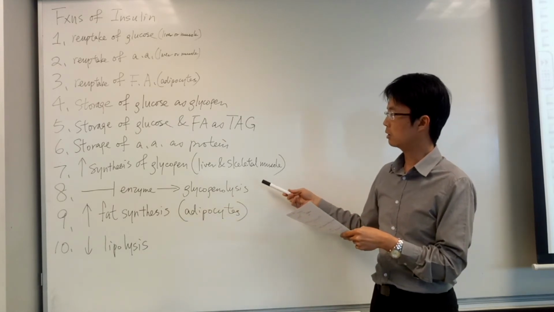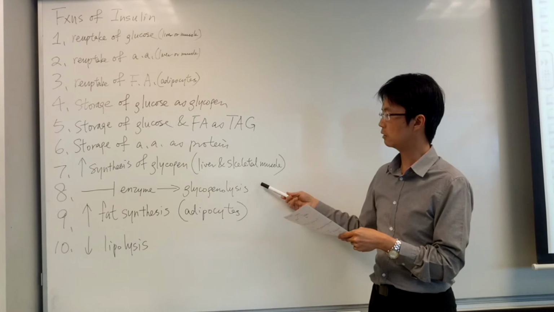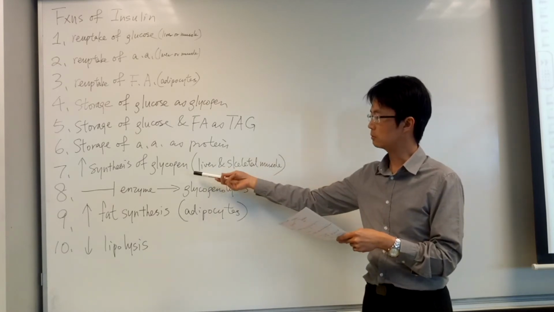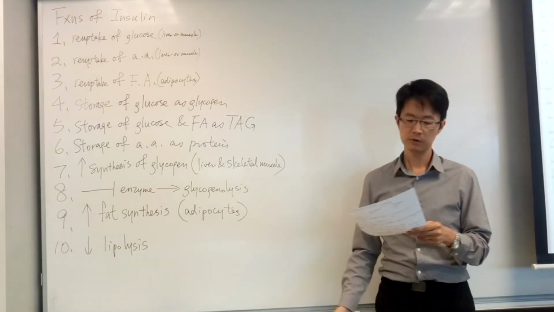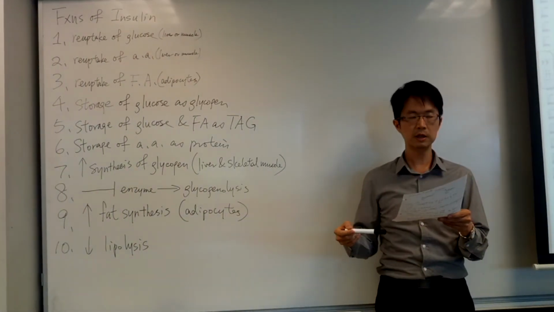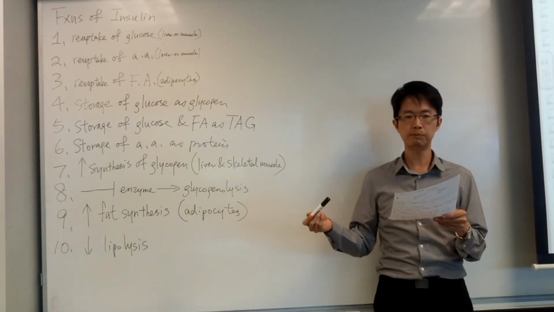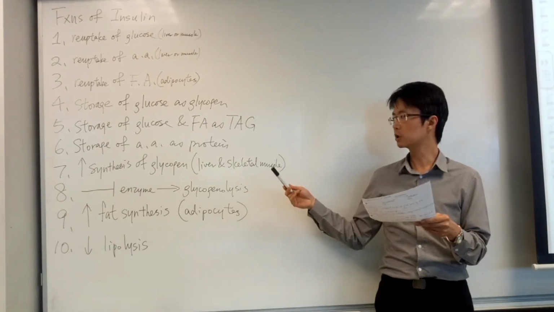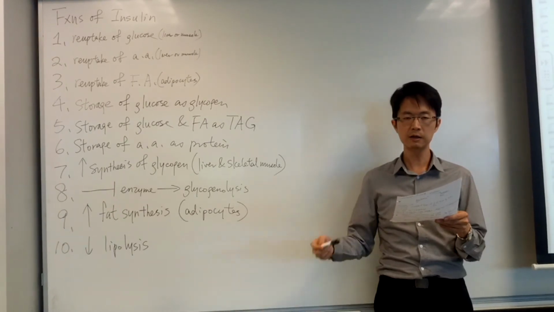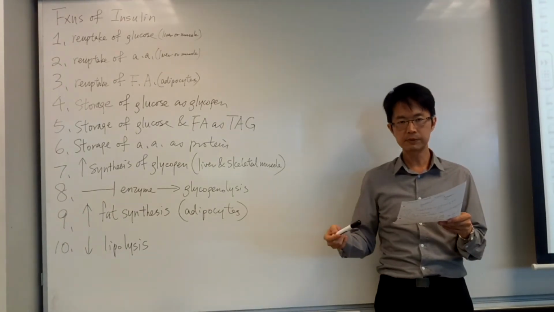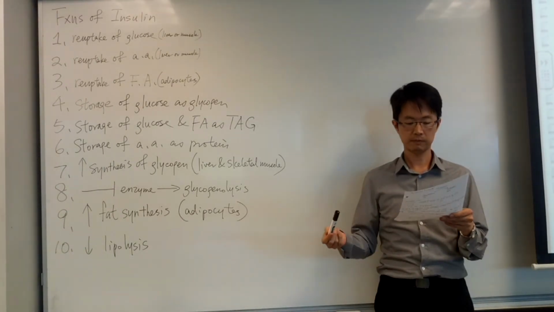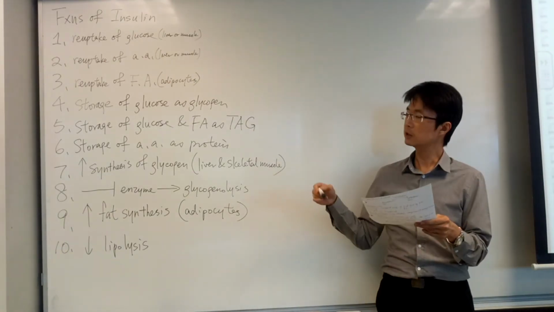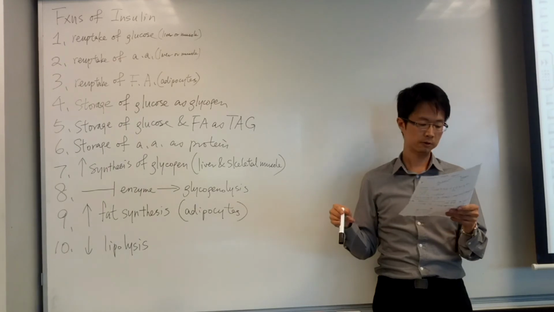That means you will also prevent the breaking down of the glycogen. Will prevent the breaking down of lipid. So in this case, insulin is actually building up macromolecule, building up the biological molecule instead of breaking them down. So if it is building up, then it is anabolic, not catabolic, because catabolic is breaking down. So insulin is an anabolic hormone.